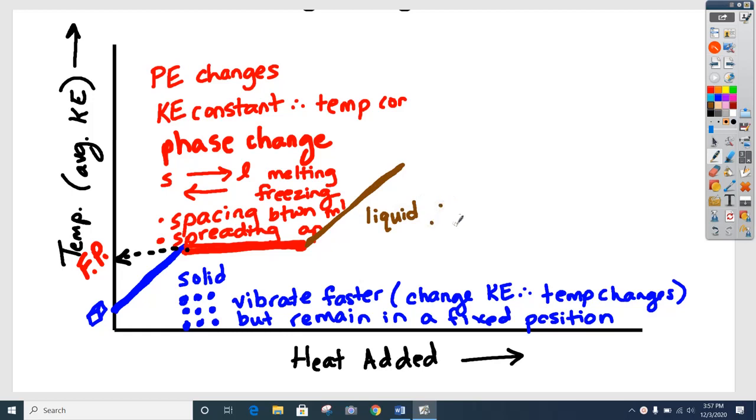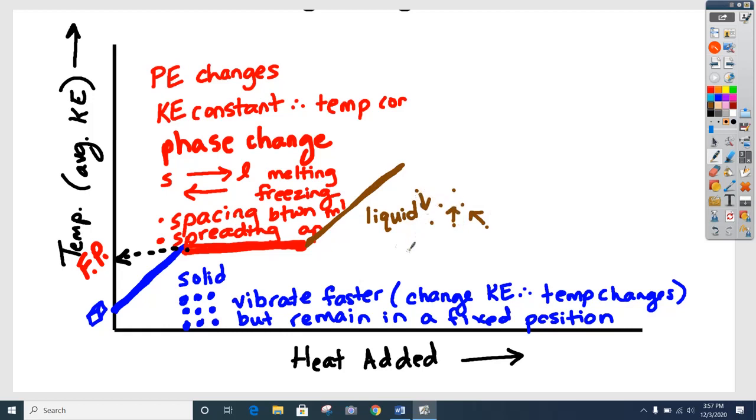Now, instead of being in that nice, neat lattice structure, your molecules are spaced further apart. Along this part of the graph, the heat that you're adding is being used to make the molecules move faster, physically vibrate faster, and move past each other at a faster rate. Okay?